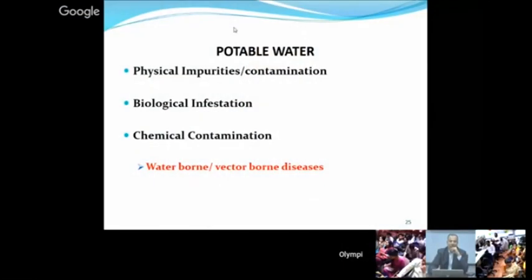There are three types of problems. There may be dirt, or physical impurities, or contamination due to dirtiness. Second, there may be biological infestation, so some bacteria, some germs may be found. Third, chemical contamination. These are the three things we find in water.